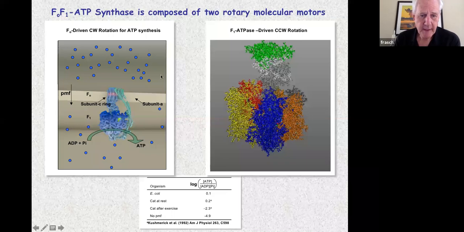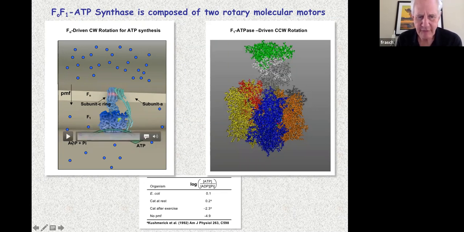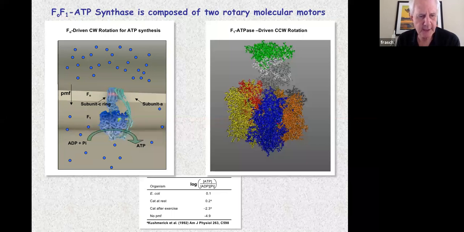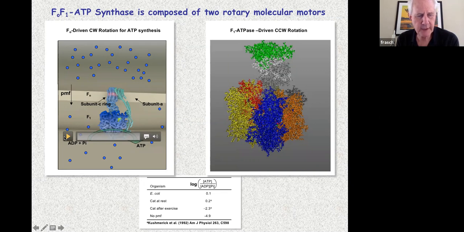So here is a brief cartoon video of how the F1-FO works. In fact, it's a molecular motor. Here's the non-equilibrium proton concentration difference across the membrane here, and that energy is known as the proton motive force. So then, as the protons want to move back toward equilibrium to equalize the proton concentration across the membrane, there is a channel through the FO that is much more efficient than going across the membrane by itself.